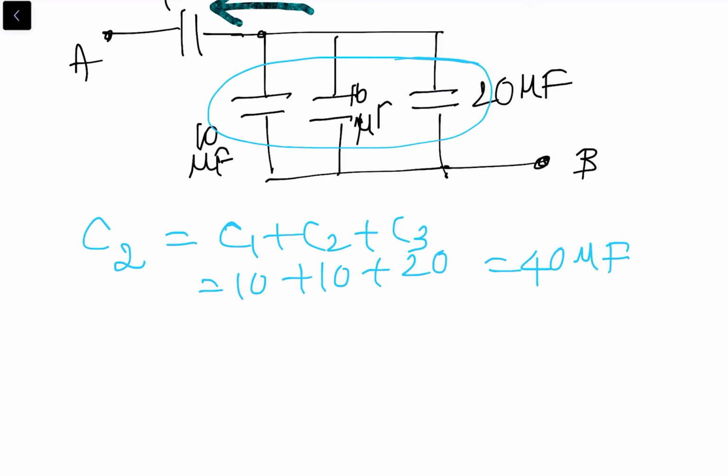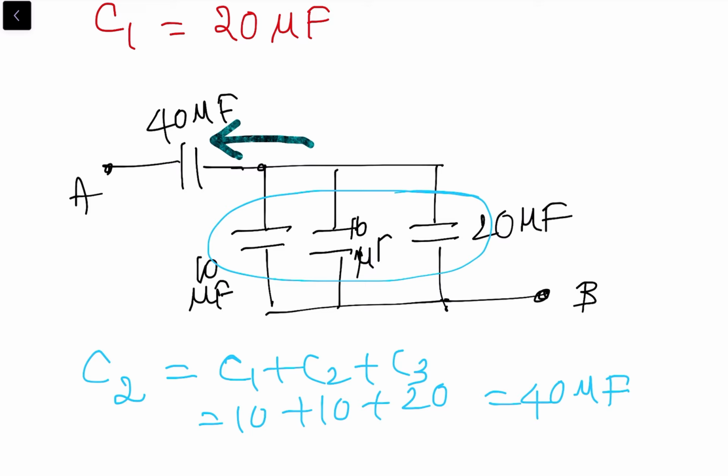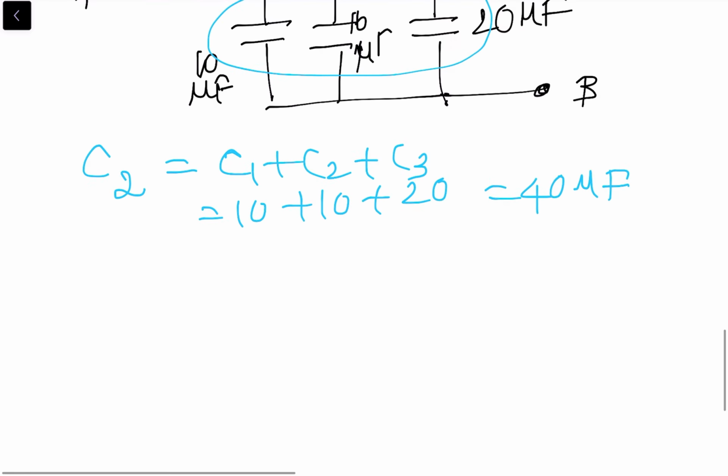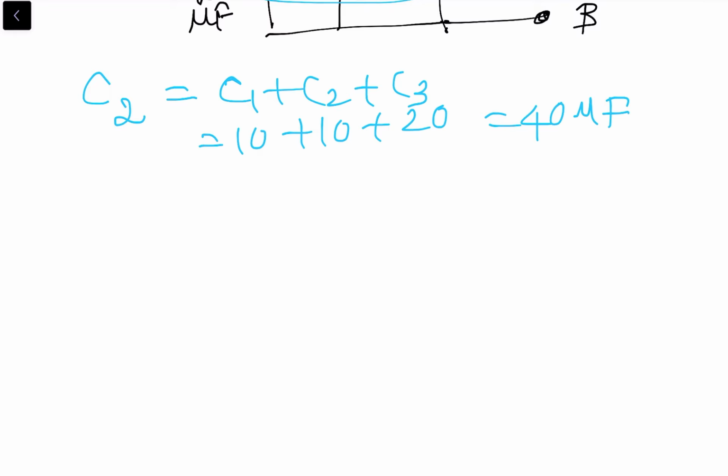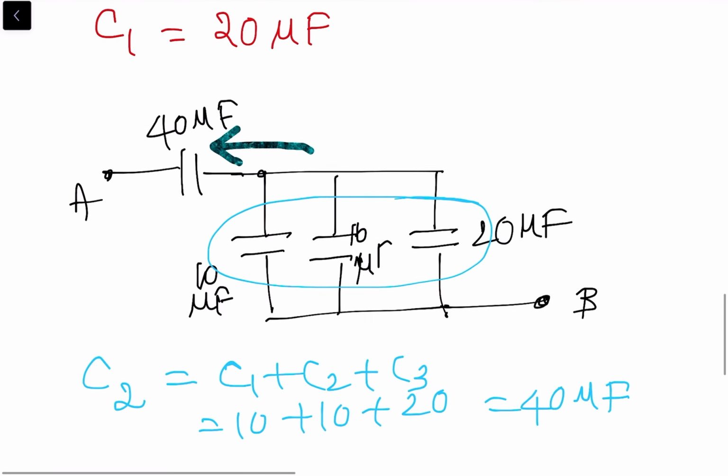So finally what we will get now is the resultant, once again, a series combination of the 40, which I have shown with the arrow mark here, and the resultant of these 40 and 40. They will become parallel. Therefore let's continue. Let us give one name for that.